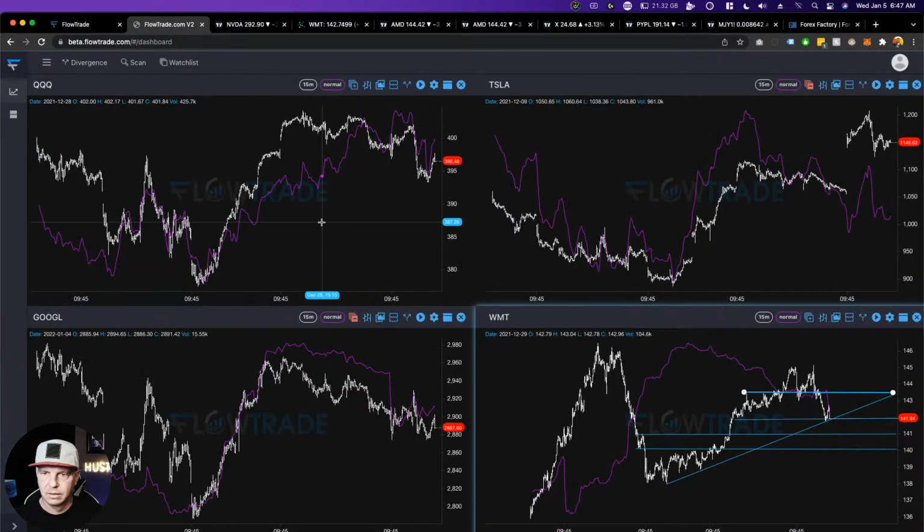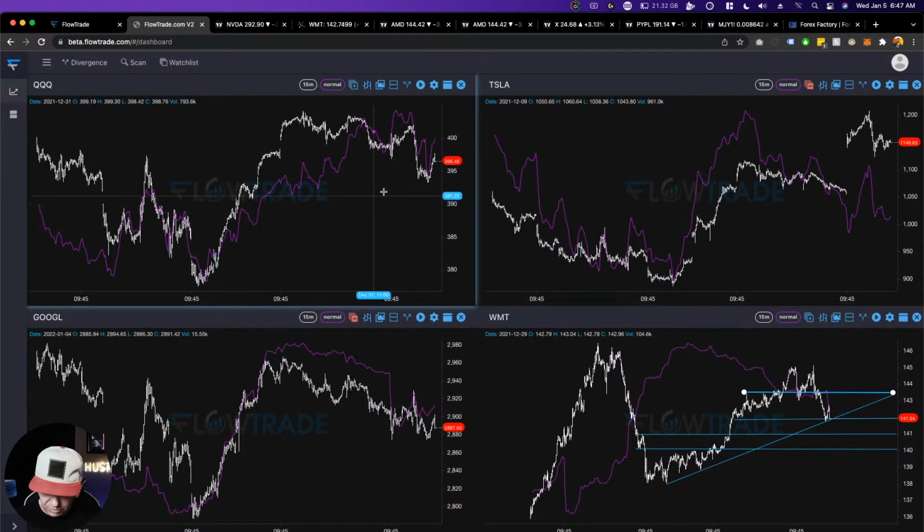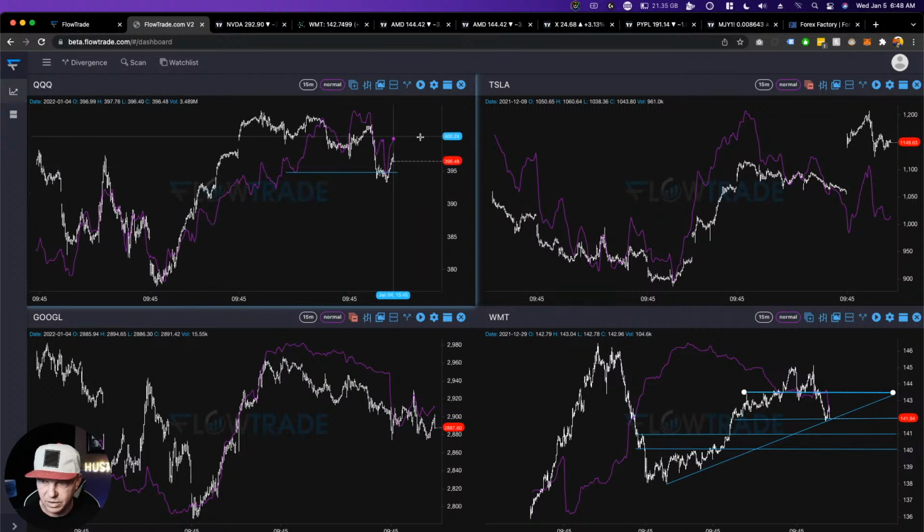What else we got? QQQ. All right, so the QQQ looks actually, the algo looks pretty decent. It looks like it may have found some support here. Nice little bounce yesterday. It is trading with price action, right? It's coming up to some key resistance at this level here. If the algo can break above this resistance, it will pull the Qs back up with it.